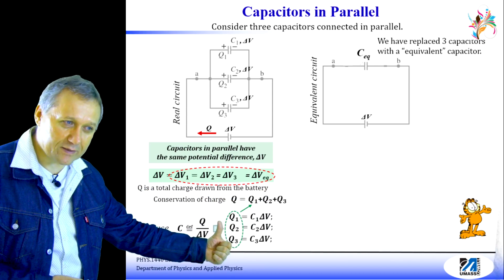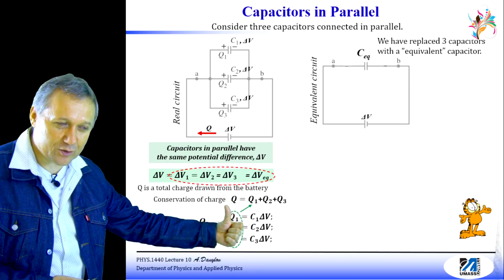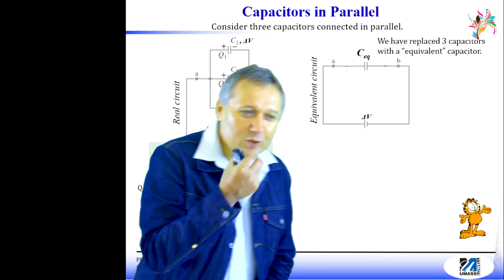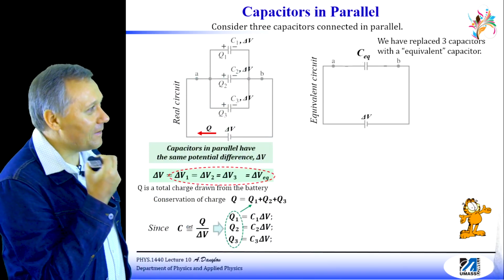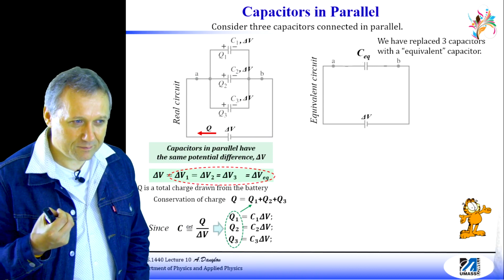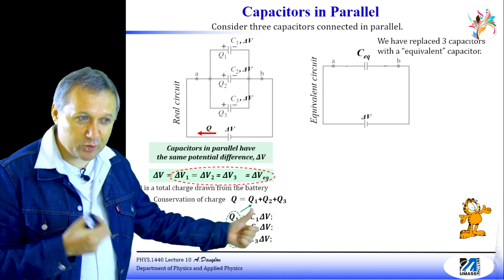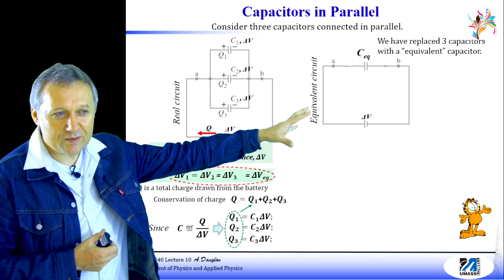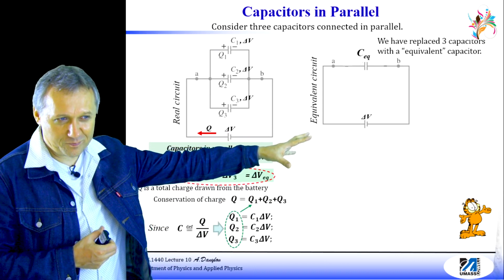Now, what about the left-hand side? The total charge. So how can we get the total charge? And again, somehow we need to insert now here C equivalent. Okay, so in order to get information about the total charge, let's use the equivalent circuit.